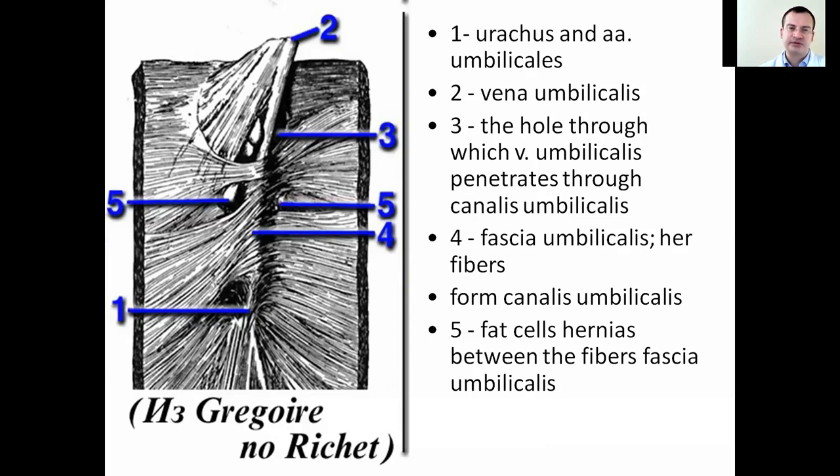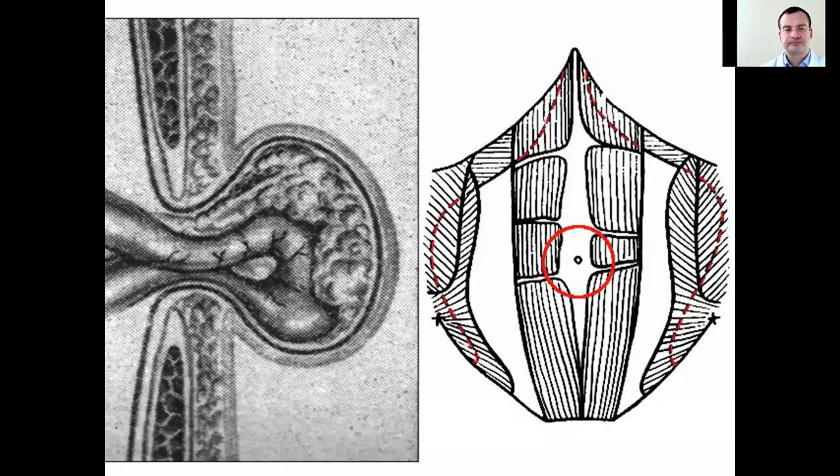On the pictures: urachus and arteriae umbilicales, vena umbilicalis, the hole through which the vena umbilicalis penetrates through the canalis umbilicalis; the fascia umbilicalis and its fibers form the canalis umbilicalis. And the umbilical hernia: fat cell hernias between the fibers of the fascia umbilicalis.